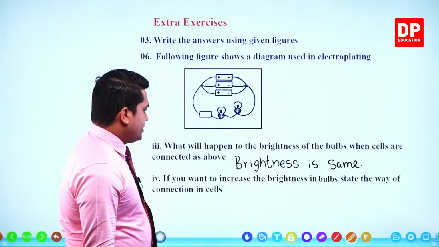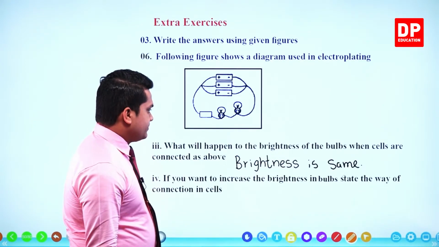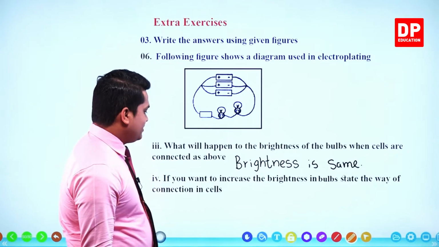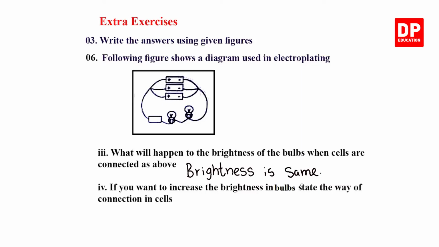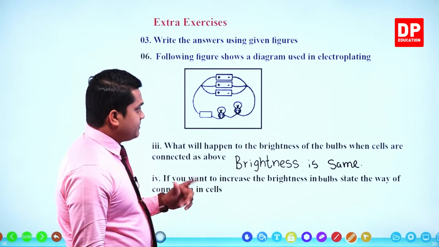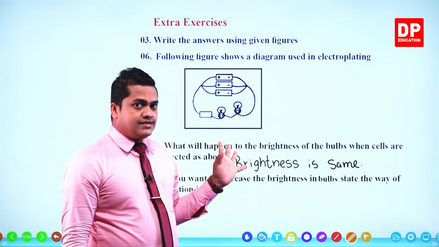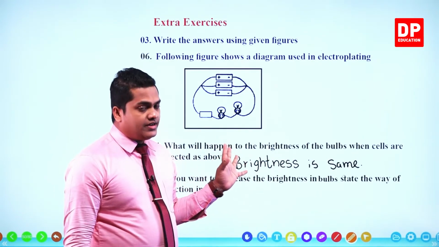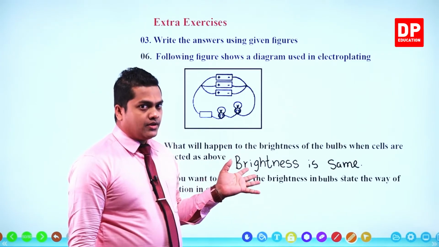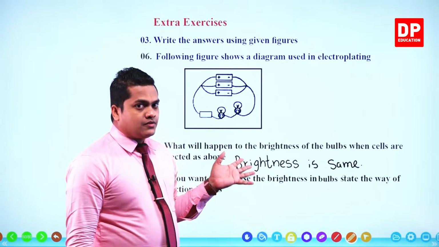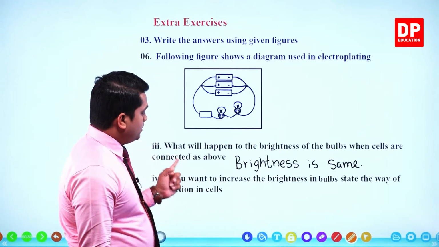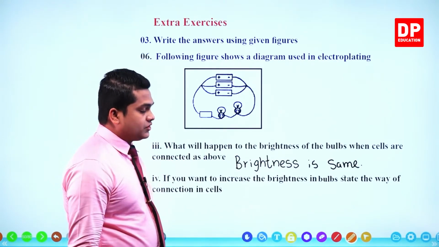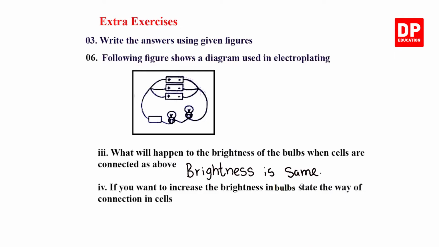Next one: if you want to increase the brightness in bulbs, state the way of connection in cells. Let's imagine that this is not defective, I mean it's working, right? So what should be done to the cells? It's really simple.